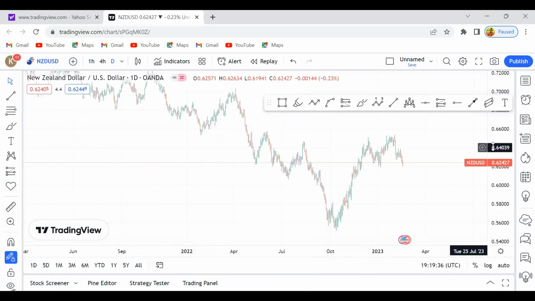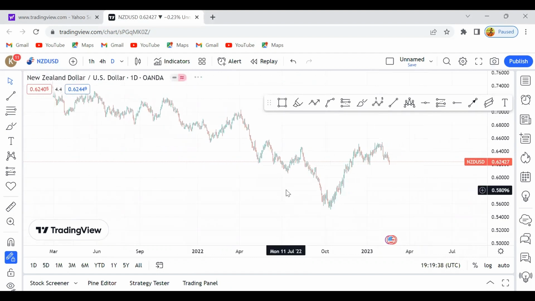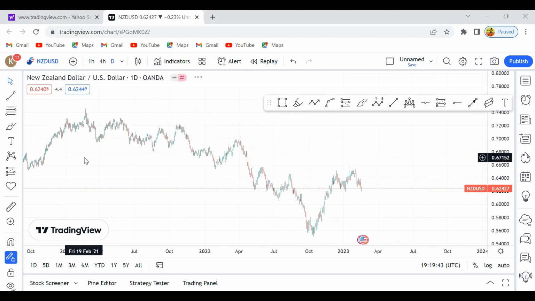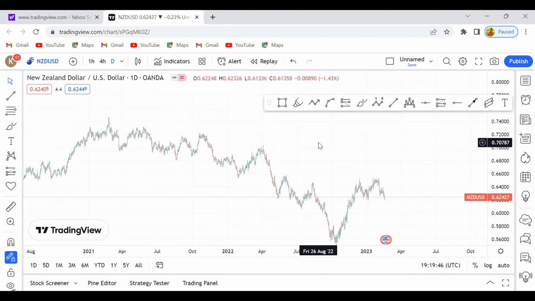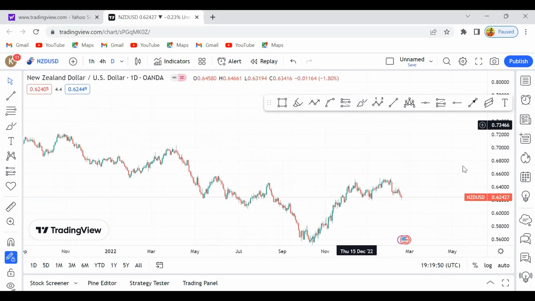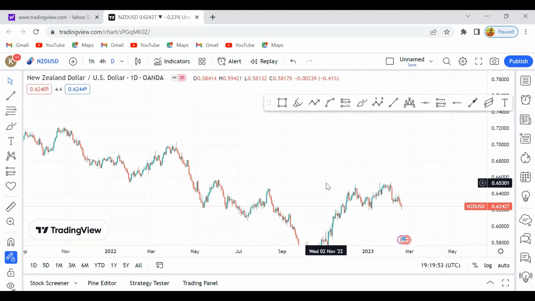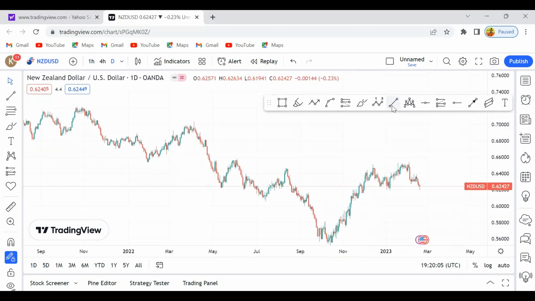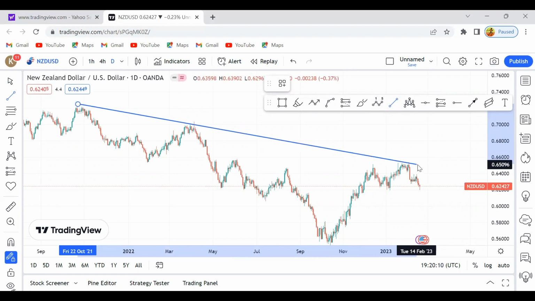Okay, remember guys, we always start from the daily time frame to see how the market ranges from a different time frame. As we are seeing here, we are actually seeing a bit of a bearish channel, ranging in this type of formation, moving to this point here.